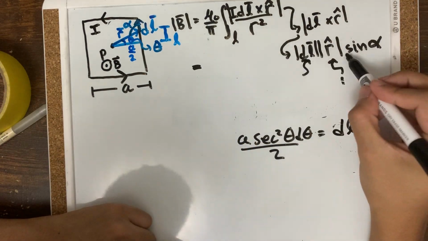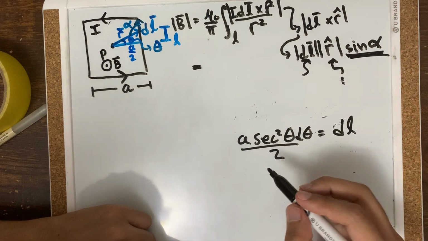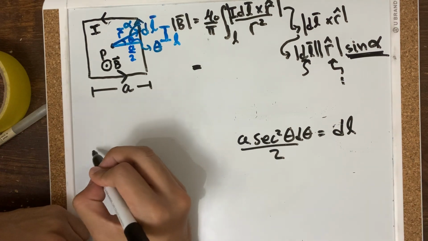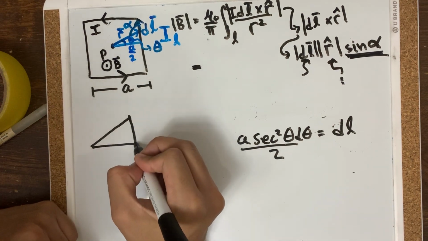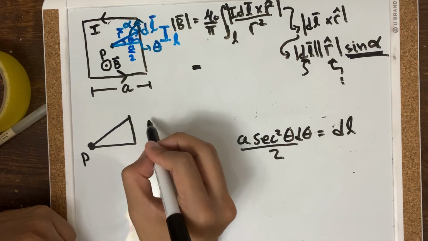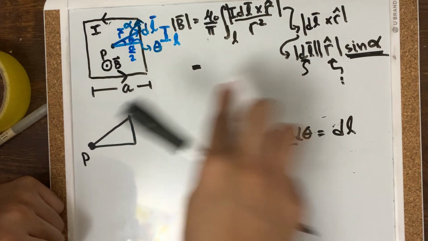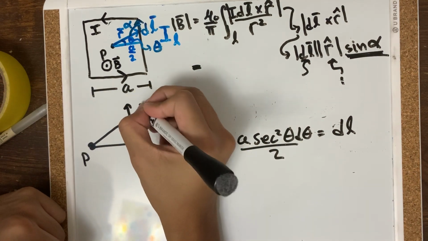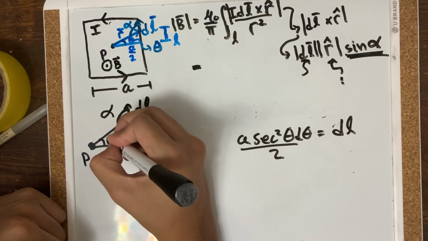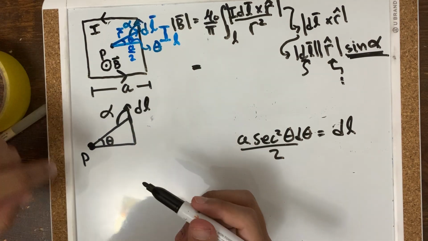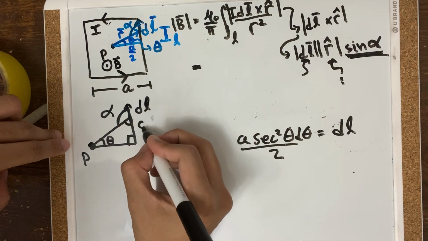Now I would like to express sine of alpha in terms of theta. We can do this with a little bit of geometry. If we draw our triangle like this, for you to reference, this is point P. This is just a section of our main diagram on the top left. Point P, this is your dl vector, this is alpha, and this is theta. We know in a triangle all the angles have to add up to 180, and this is 90 degrees. So let's call this phi.